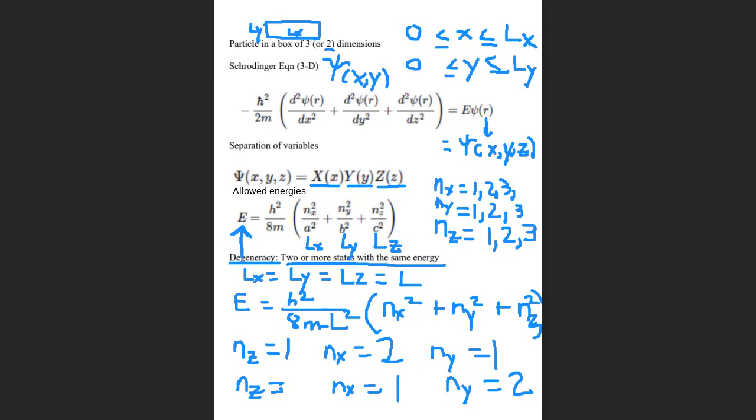In other words, the energy of state 2, 1, 1 is the same as the energy of 1, 2, 1, where we list the x, y, and z quantum numbers in order as subscripts.